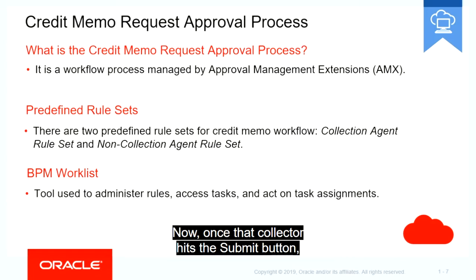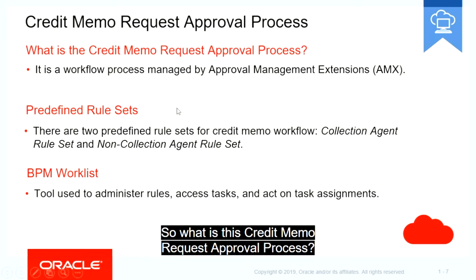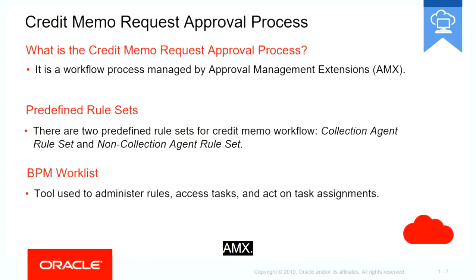Now, once that collector hits the submit button, this is the workflow process that is launched, the credit memo request approval process. So what is this credit memo request approval process? It's basically a workflow process that is managed by the Approval Management Extensions Engine, AMX.